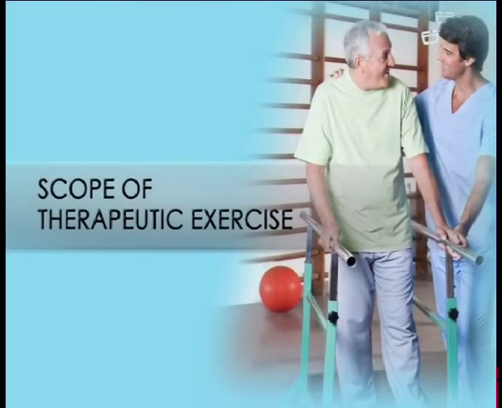Scope of therapeutic exercises. Following a comprehensive evaluation of the patient and identification of impairment, functional limitation and disabilities, the goal of treatment and functional outcomes are developed and the plan of care, that is the treatment plan, is established.